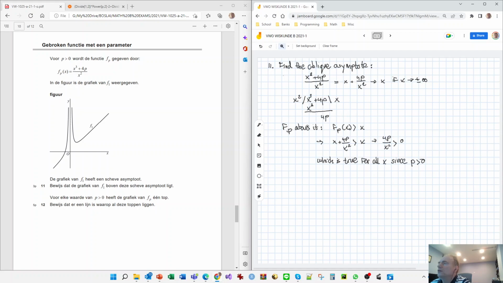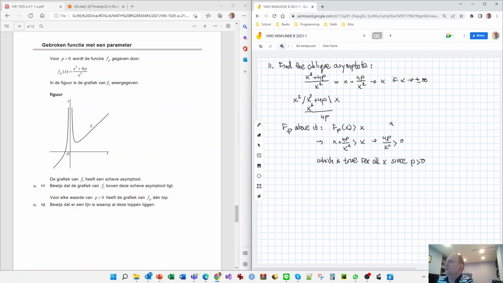Now, is the function below or above it? So we just look at this. We say, if f_p of x is greater than x, we can just substitute the function. Then it means 4p over x squared is greater or equal to 0.